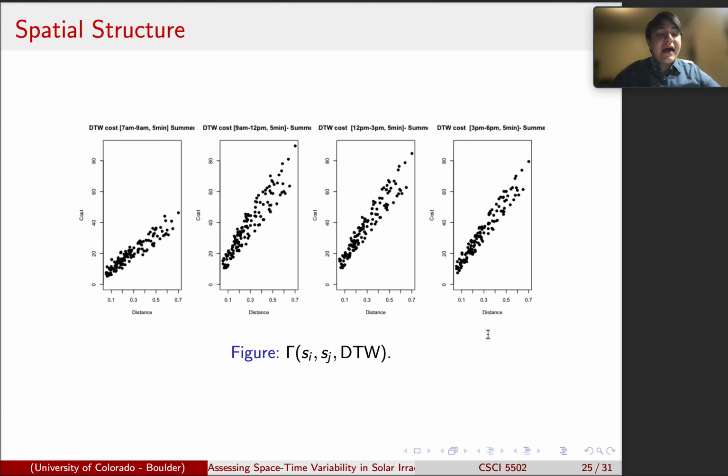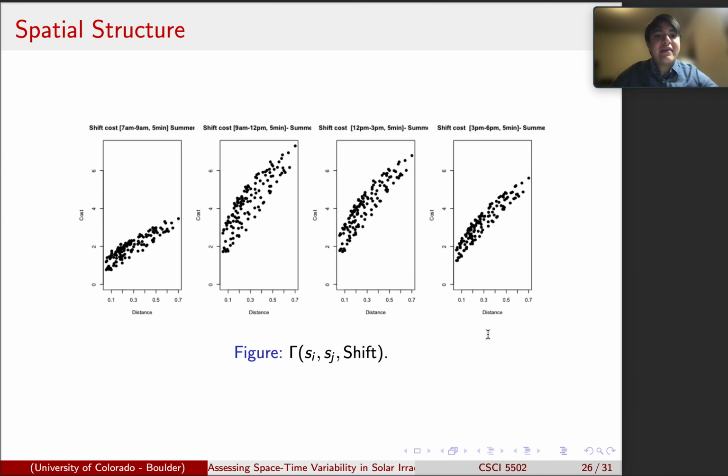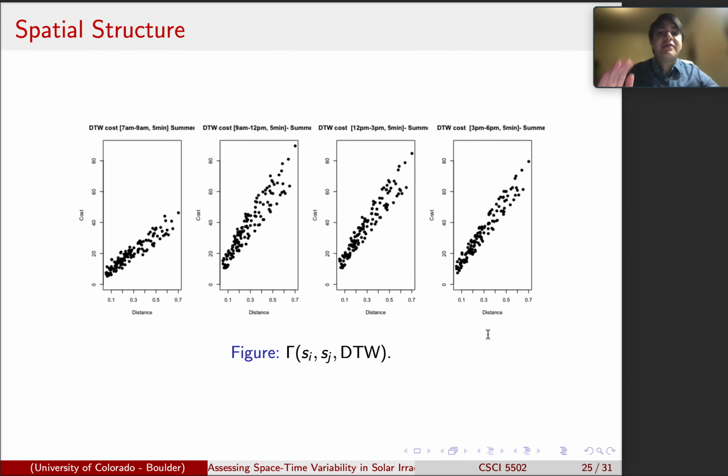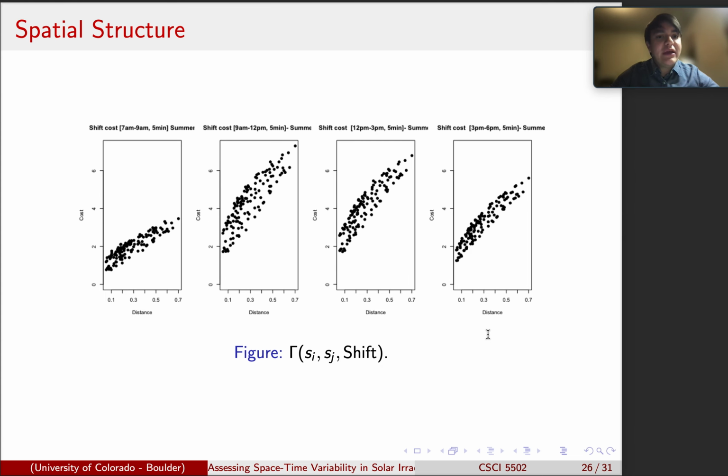This is very important in the realm of spatial temporal statistics because it helps us see how the process develops in space and time, and it will be useful for predictions lying ahead. All three methods were able to capture this spatial dependence. The only thing is that with the L2, the cost seems to be more non-linear, whereas with DTW and shift, that point cloud seems to be a little bit more linear.